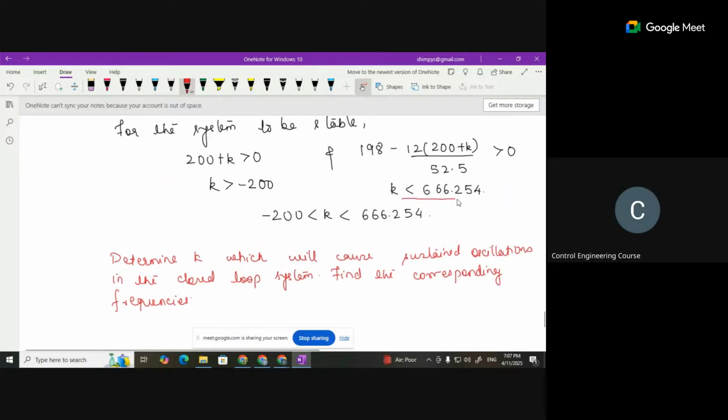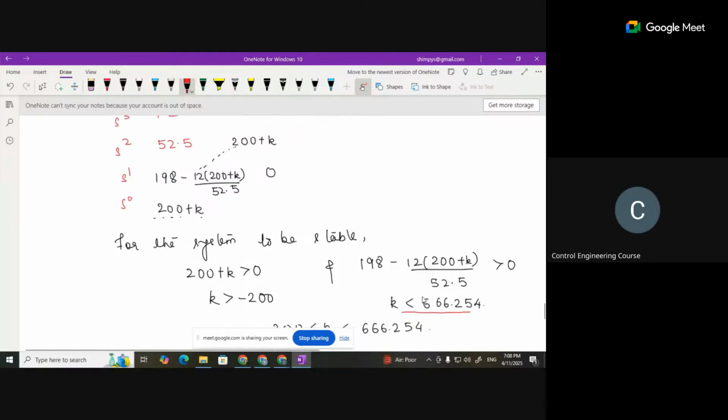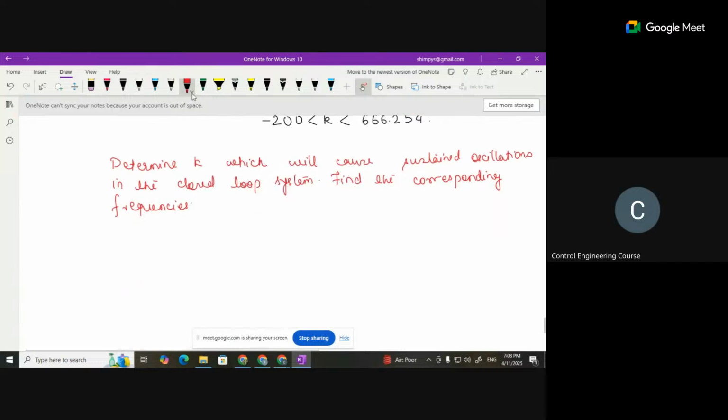Now the highest value of k is 666.25, and the oscillation will occur at this value of k, right?